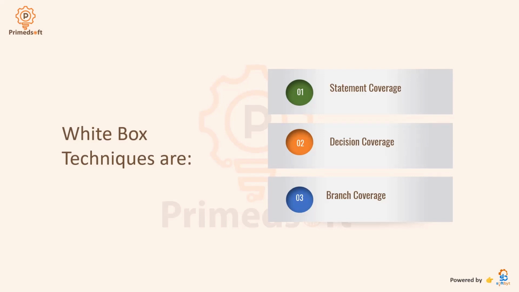So we'll have decision coverage as well. The second one, decision coverage. In this type of white box testing technique, you are carrying out a decision testing exercise, right? You test the code that is executable based on the decision outcome, right?